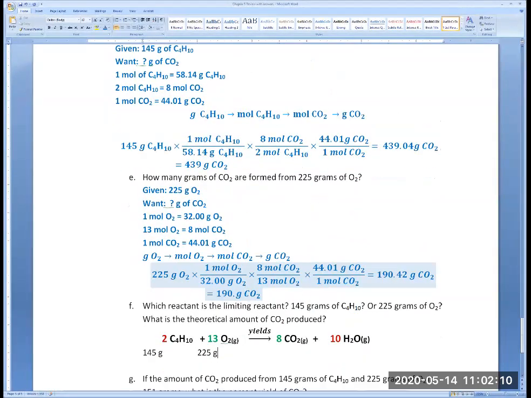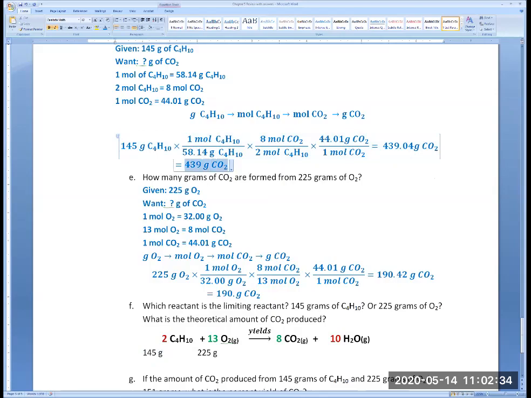And so when you have that kind of question, what you would normally do is take your 145 grams and calculate the amount of CO2 that you would produce from that. And so that's exactly what we did here. We took 145 grams of butane and changed them into CO2 because we are interested in how much CO2 we can produce.